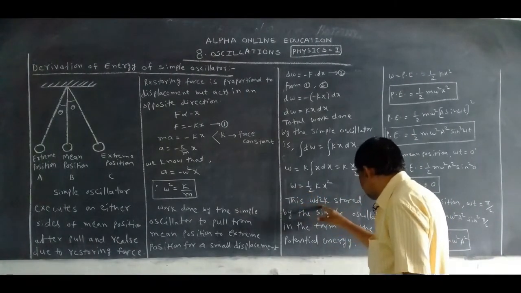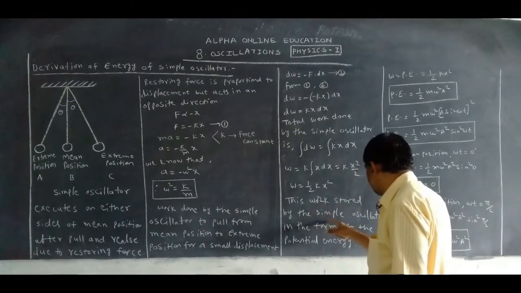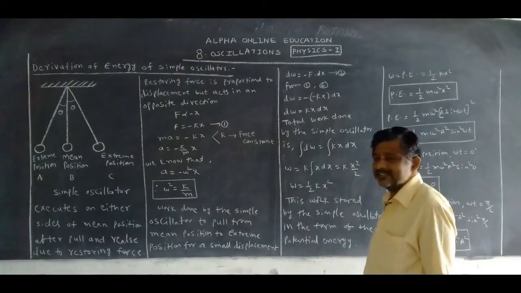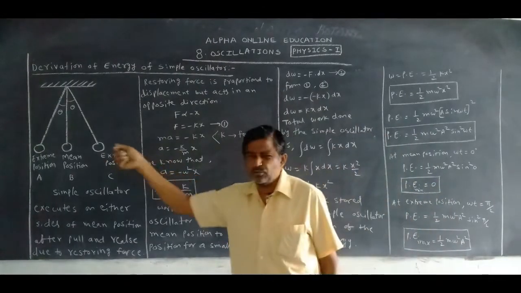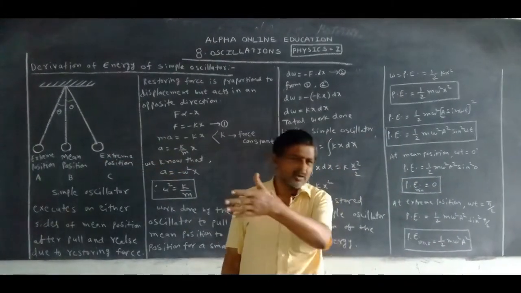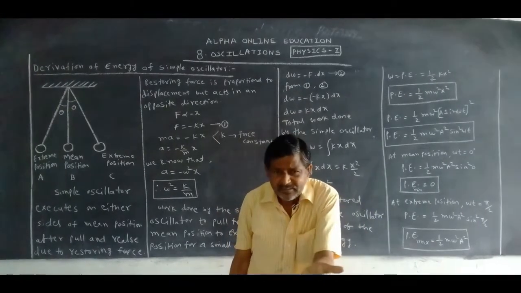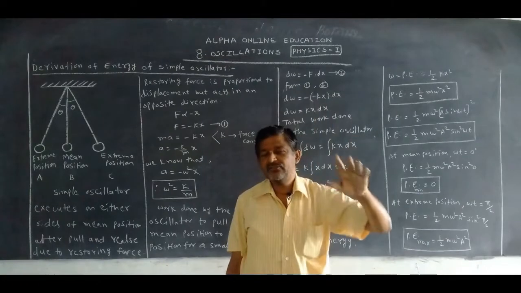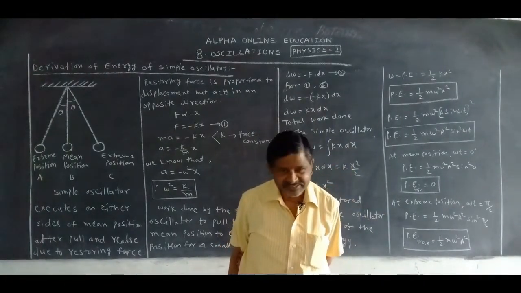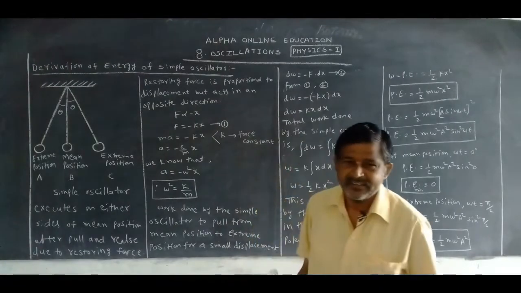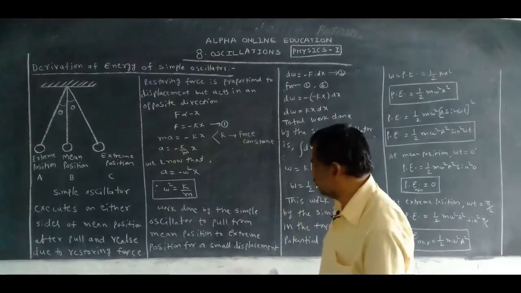This work is stored by the simple oscillator in the form of potential energy. If you do work and the object changes its position, the work done is stored in the form of energy, and that energy is called potential energy, which we studied in the work energy power chapter.